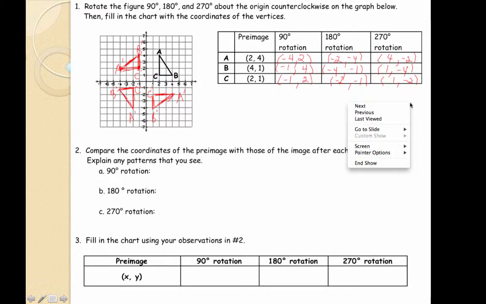So if you look at all of the different versions of C, all the different versions of B, all the different versions of A, you see that you have the same numbers repeating. In A, you've got 2, 4, negative 4, 2, negative 2, negative 4, 4, negative 2. So it's all these 2's and 4's. That's only because we're doing rotations that are multiples of 90 degrees. The one thing that you would preserve all the time, though, is the distance from the center, in this case the origin.